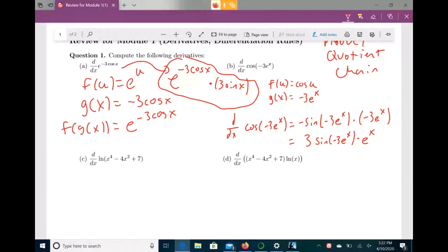Yeah, either of these would be fine, basically.